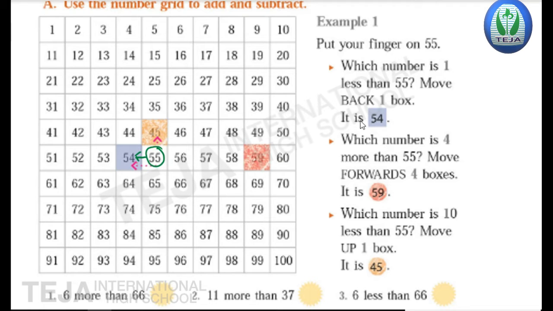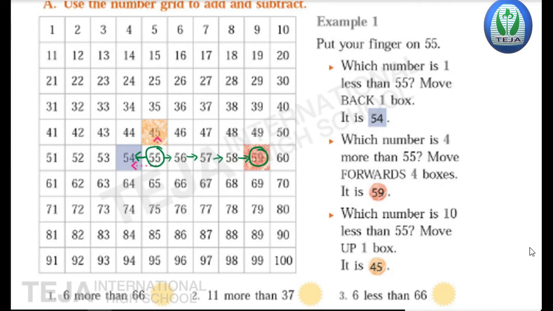Next, second one. Which number is 4 more than 55? To find the bigger number 4 more than 55, we have to move 4 boxes forward. 1, 2, 3, 4. So the answer is what? 59. Next, which number is 10 less than 55?